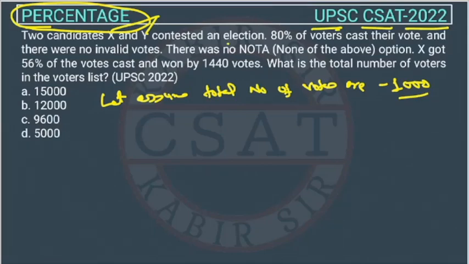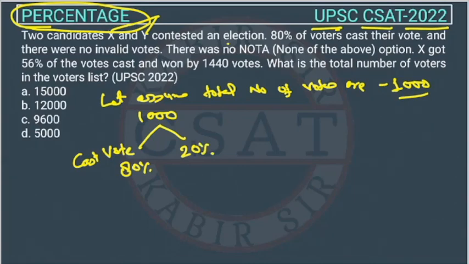Now they have given that out of these 1000, how many people cast their vote? 80%, right? And 20% are not voting. So 80% of 1000 will be 800, right? So these people casted their vote.